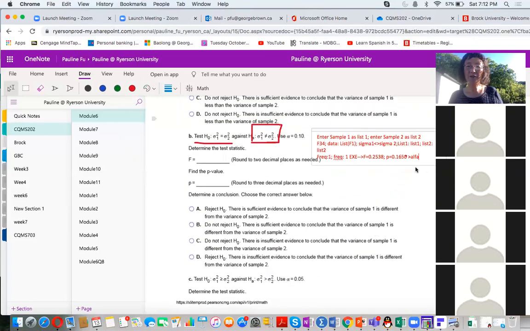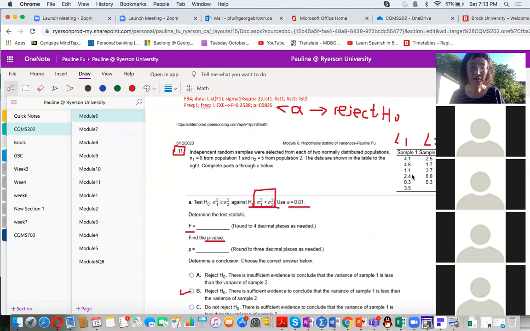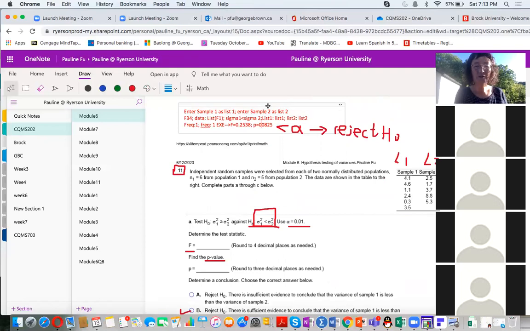And then you compare P value with alpha. Okay, this time P value greater than alpha. The other time I get P value 0. I'll double check my answer though.